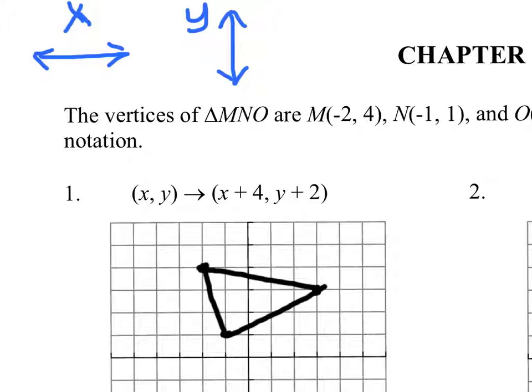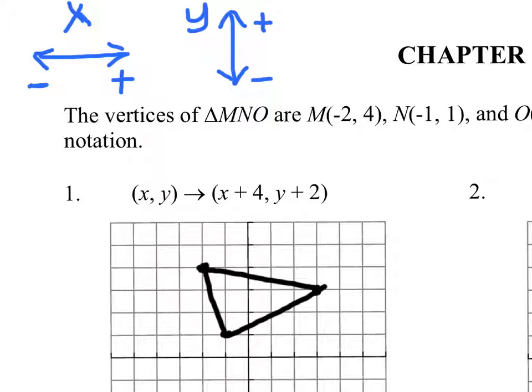So, as you go to the right, that is positive x. As you go to the left, that is negative x. And kind of the same thing with y. As you go up with y, that's positive. As you go down, that's negative.